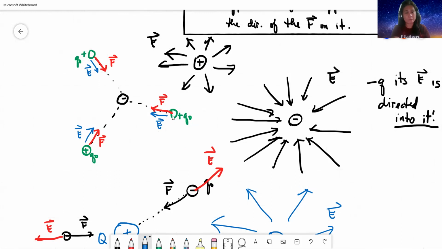So itong maliit na test charge dito, it has its own electric field, but it's weaker compared to the electric field of the source charge. So when we analyze problems later, you have to determine which is the source and which is the test charge.